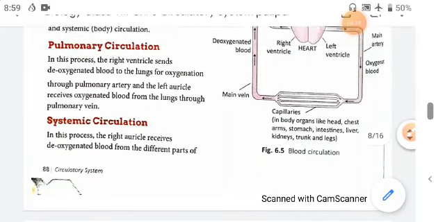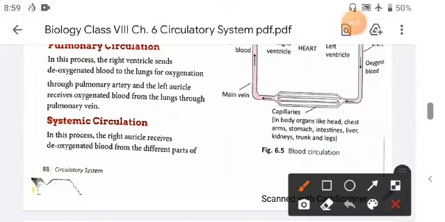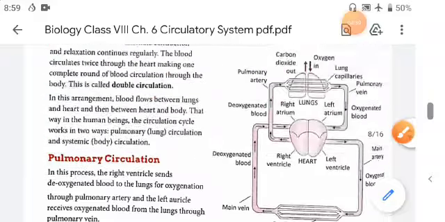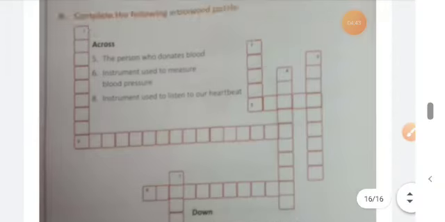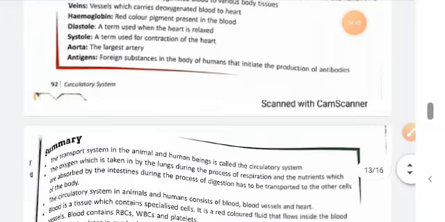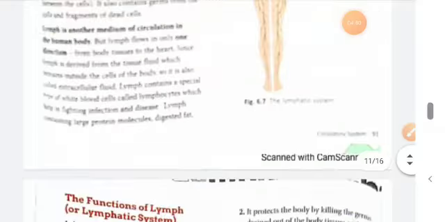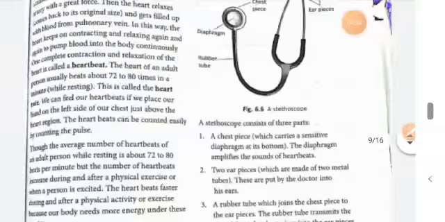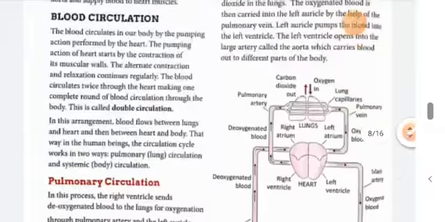What will happen in systemic circulation? In this process, the right auricle receives deoxygenated blood from the different parts of the body. Thereafter, when the auricle receives the blood from all parts of the body, then what will happen?